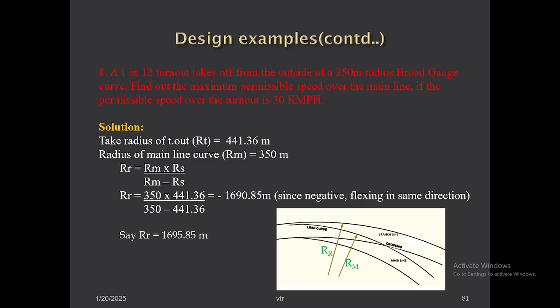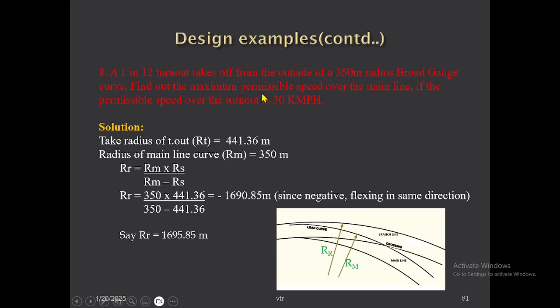Here the given radius of the main line curve is 350 meter. The turnout we are providing is the 1 in 12 turnout. The radius of the 1 in 12 is 441 meter, whereas the main line curve is 350 meter. So the main line curve is sharper than the turnout radius.